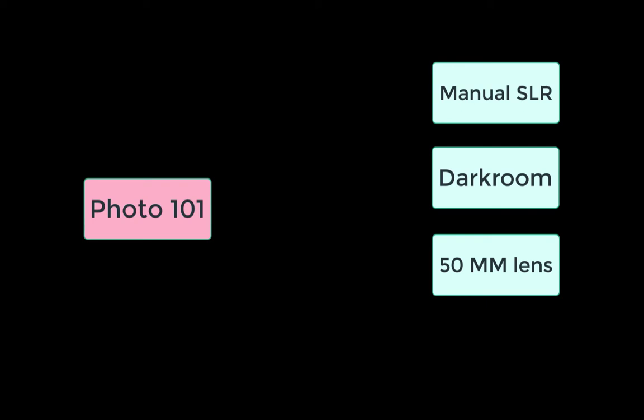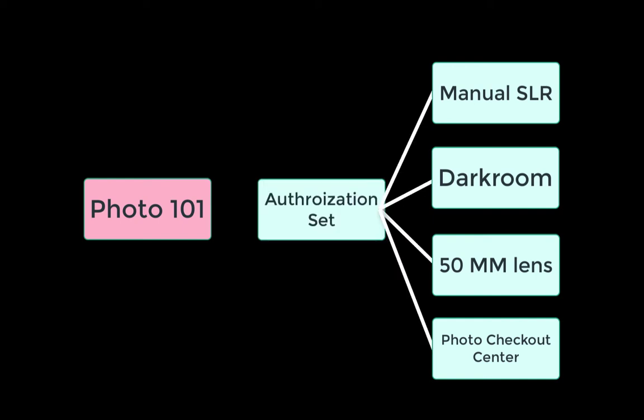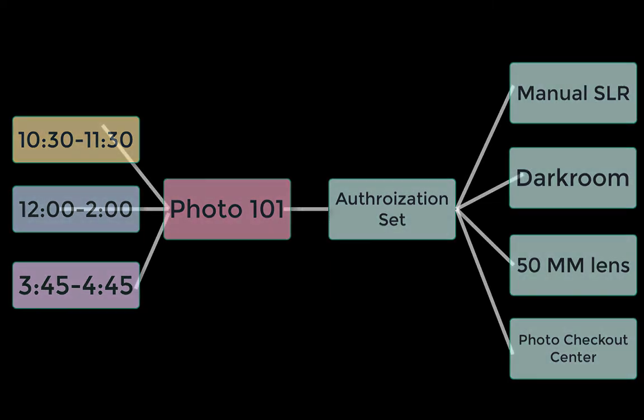They also have access to reserve resources via the patron portal and the photography checkout center. These restricted resource types and the checkout center would be added to the authorization set assigned to this group. The group then connects sections and their members to the authorization set.